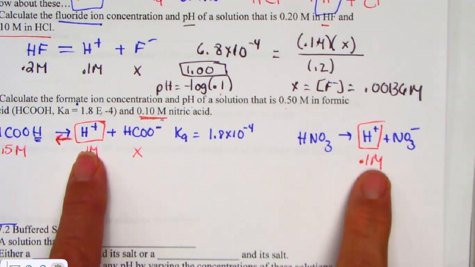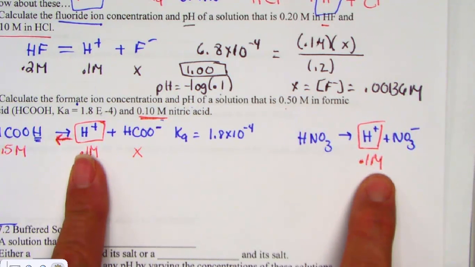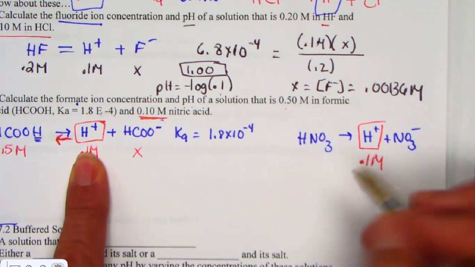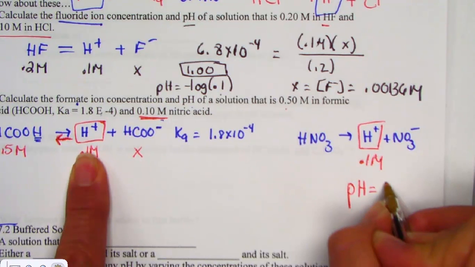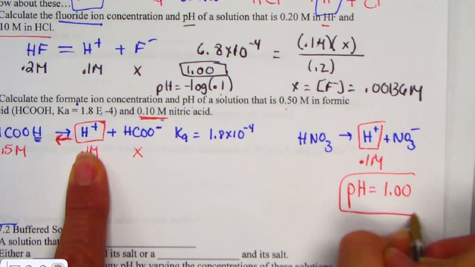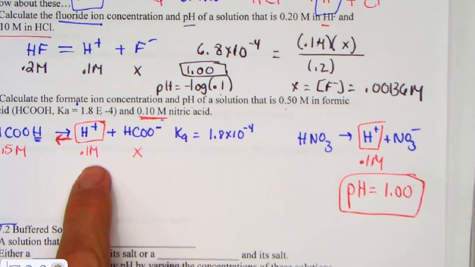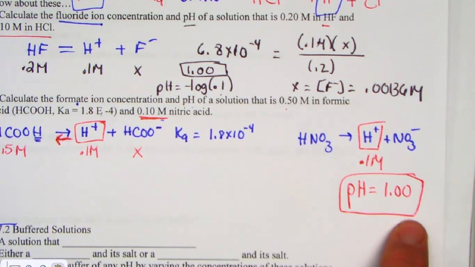The common ion in this example was the proton, the hydrogen ion. It will be used directly to calculate the pH. Just as above, it looks like right away I can say pH will be negative log of 0.1. pH will be given to us from the strong acid, 1.00. The amount of hydrogen ion that the weak acid contributes in comparison to the strong acid is negligible.